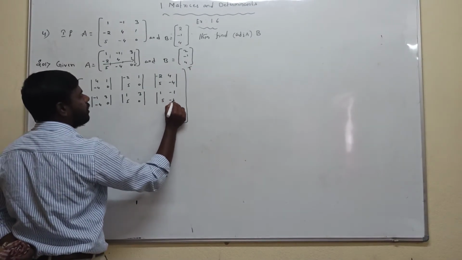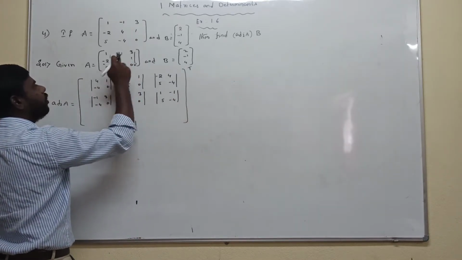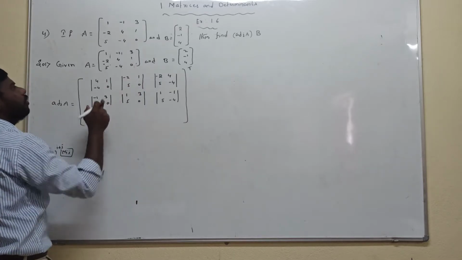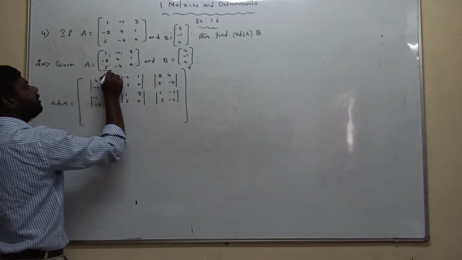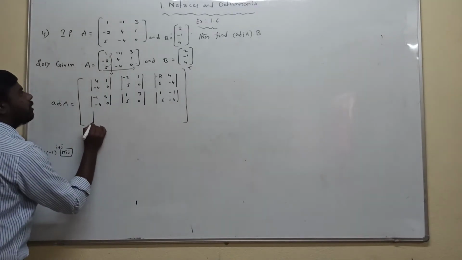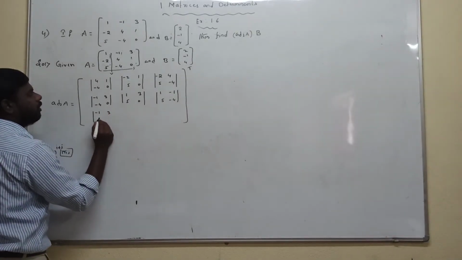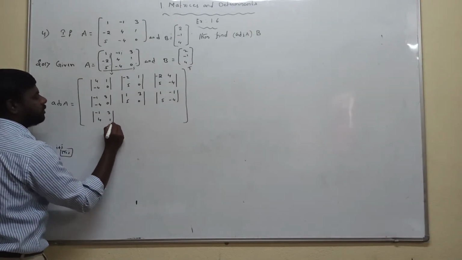Next we go to the third row. 5 present in the third row, first column is eliminated. The determinant of the left over elements is -1, 3, 4, 1.